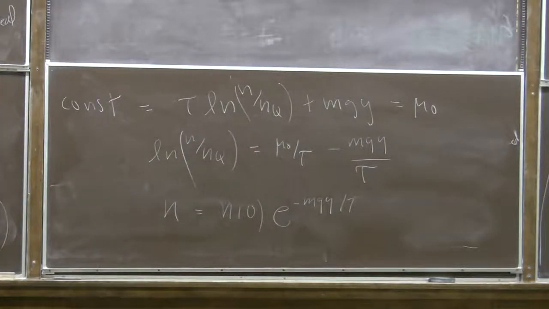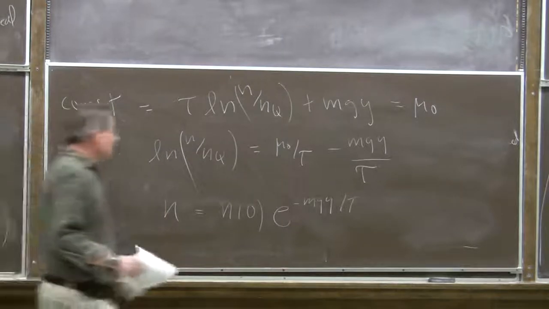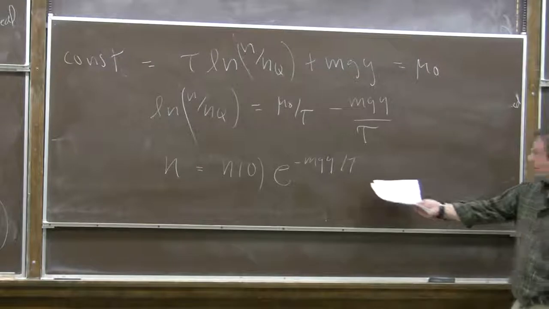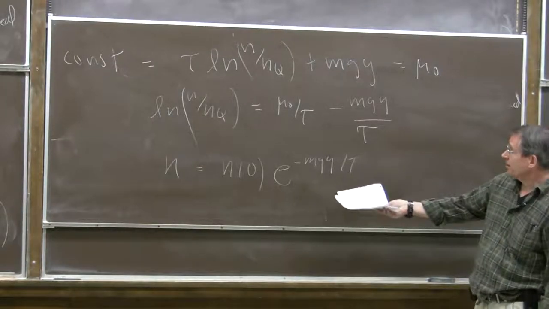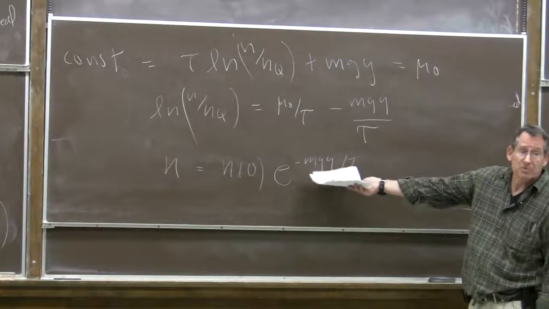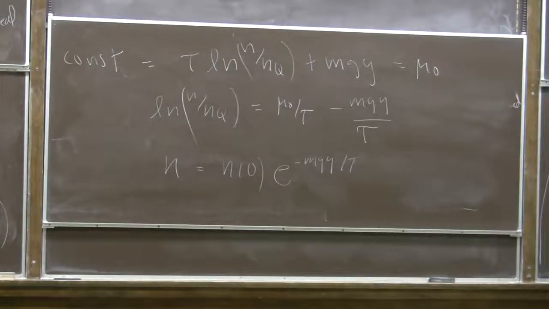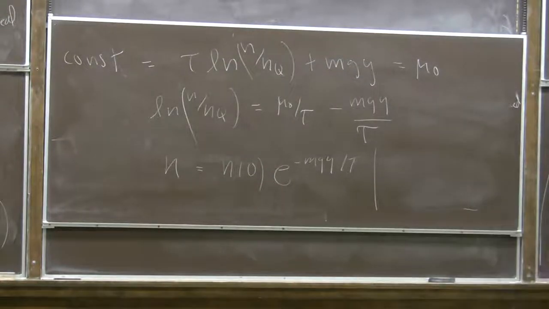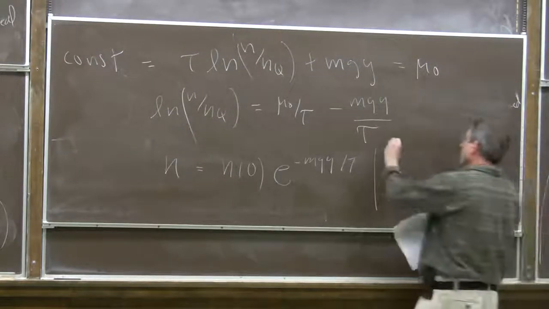Well, you might have anticipated the answer, since it looks like the Boltzmann factor for a system in contact with a reservoir at temperature tau, where the energy is the potential energy, mgy. So in our model, if we put in the numbers, let's suppose that the temperature independent of height is 300 degrees.